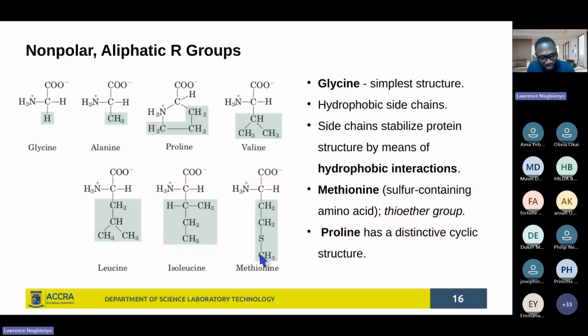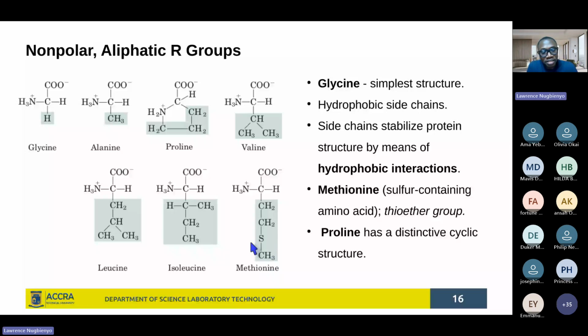So again, if you did some organic chemistry, you would have seen such a group, ether, E-T-H-E-R. So when you have a sulfur in place of the oxygen, then you refer to it as a thioether. In fact, when you're doing biochemistry, or even chemistry, and you see something like thio or thia, T-H-I-A, it's referring to sulfur. You quickly know that in that compound, there is sulfur in it.